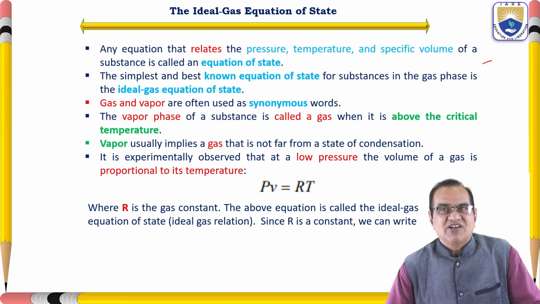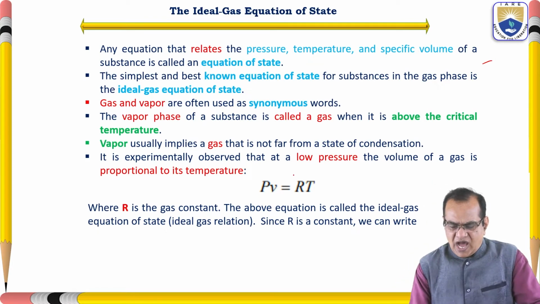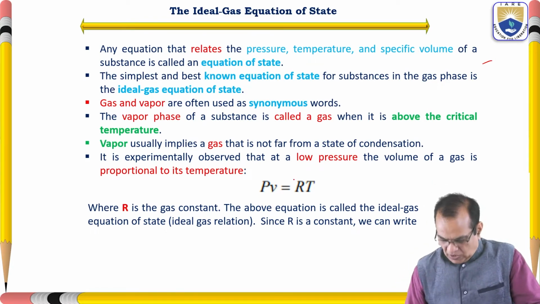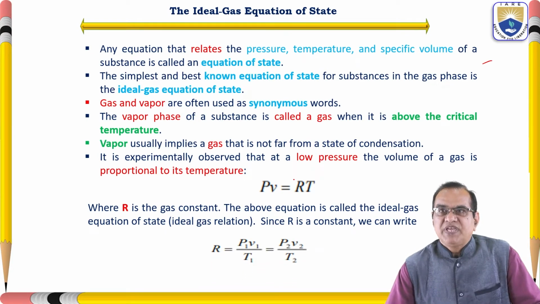Where R is a gas constant, the above equation is called the ideal gas equation of state or ideal gas relation. Since R is a constant value, we can write that R is equal to P1 V1 by T1 and is equal to P2 V2 by T2.